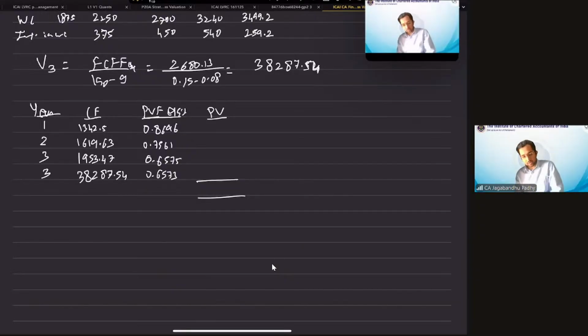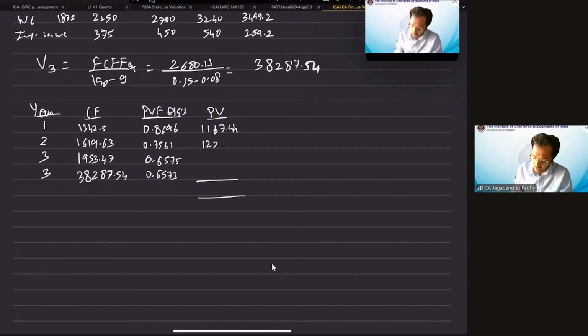Multiply and take the total, guys. It should be 1167.44, 1224.59, 1284.41, and then 25,174.06.